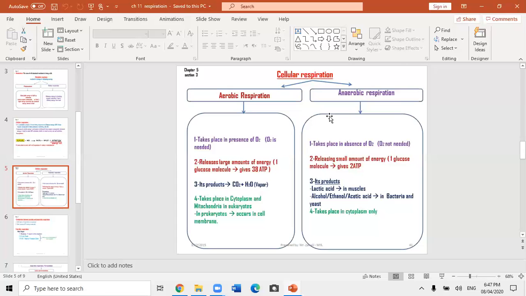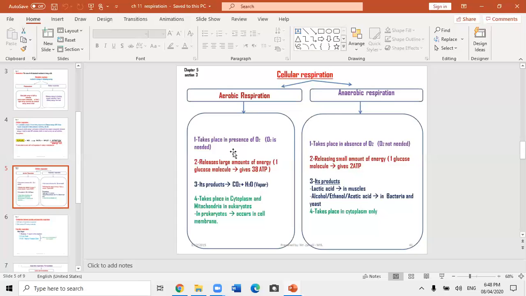However, anaerobic respiration takes place in the absence of oxygen, that means oxygen is not needed. This is very important to understand. And we will also now write the equations of both of them.